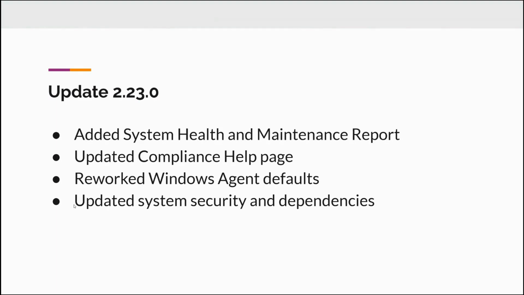We've also reworked some of the Windows agent defaults, and we updated underlying system security and dependencies. So it's not something that you will visually see with NeQter, but an important piece of making sure the underlying operating system of NeQter, the Ubuntu, is kept up to date and kept up to snuff.